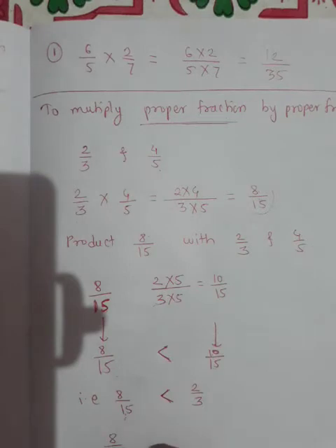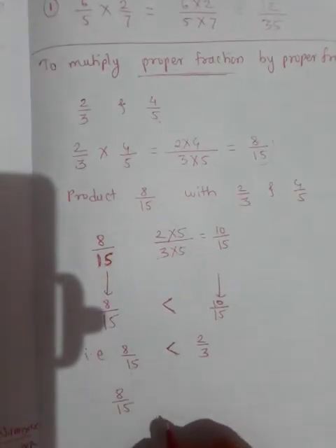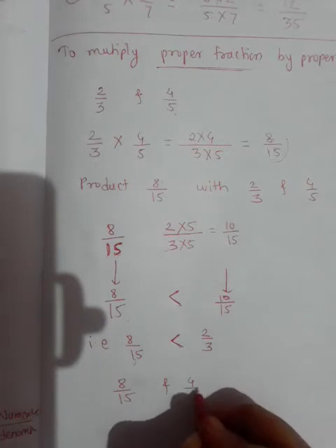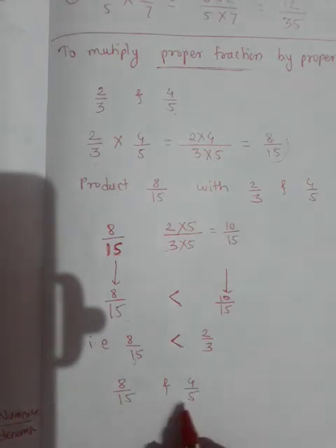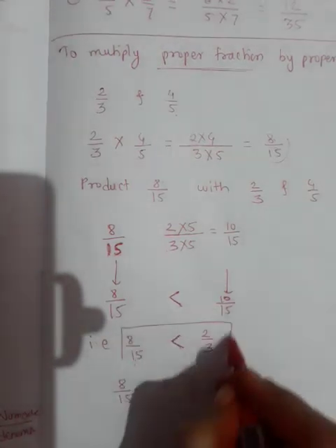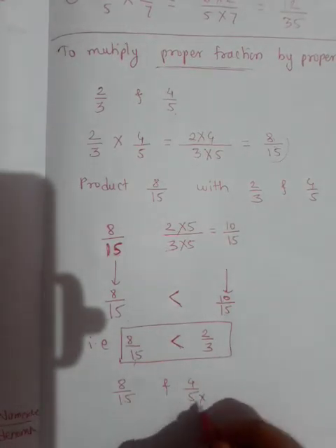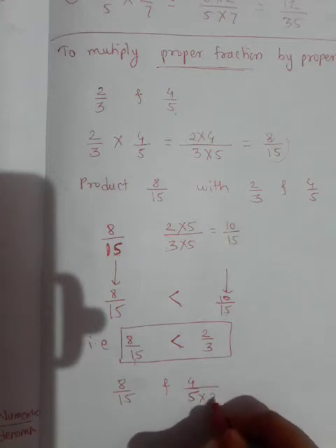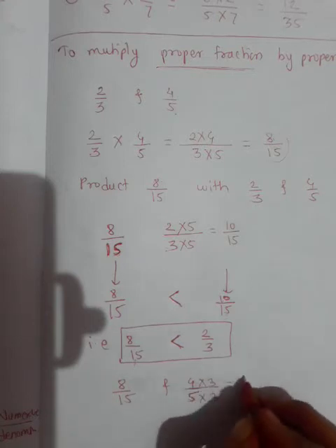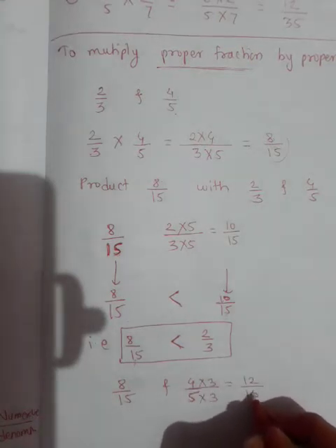What is the relation between 8 by 15 and 4 by 5? Here also denominators are not the same, so make their denominators the same. Here 15, here 5, so multiply here by 3, that is equal to 12 by 15.